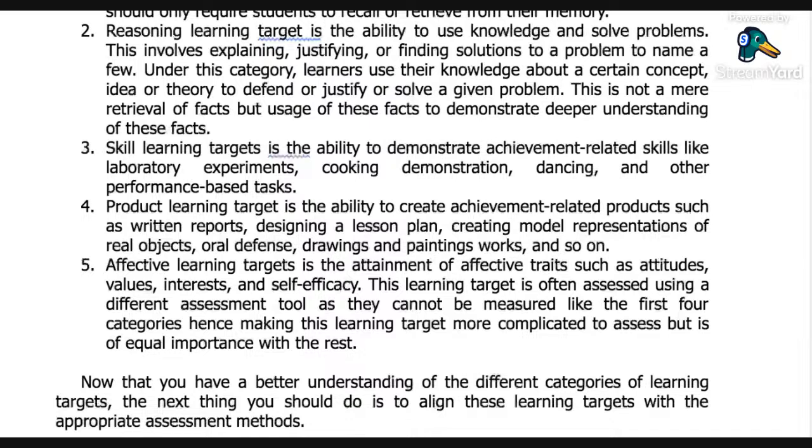So usually your teachers would give you questionnaires like psychological tests, attitude tests, learning styles questionnaire, and all types of surveys. That has something to do with values, interests, self-efficacy, and attitudes. Those are affective learning targets.